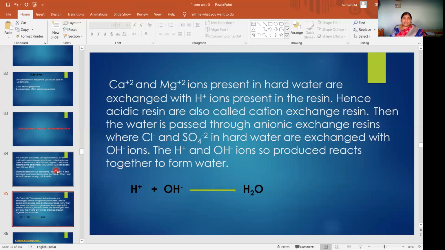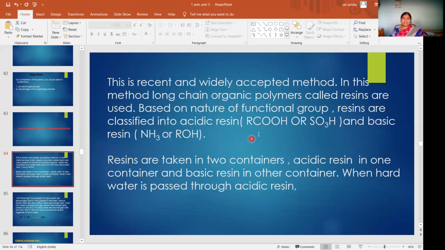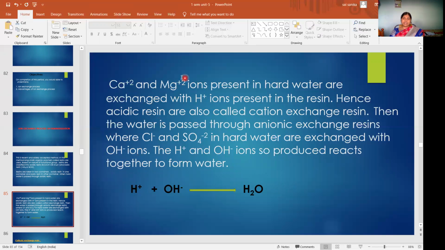So whatever the resins we are taking here, RCOOH, H plus, RSO3, these H plus ions present in this resin are exchanged with what ions? These calcium and magnesium ions present in the hard water.